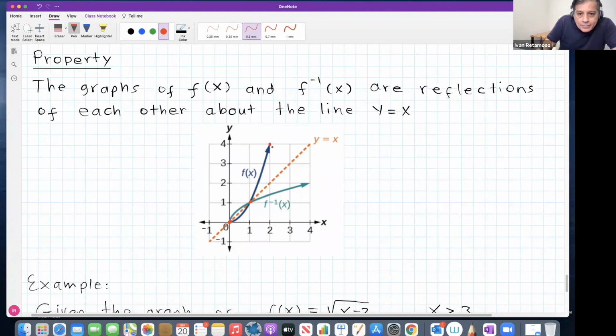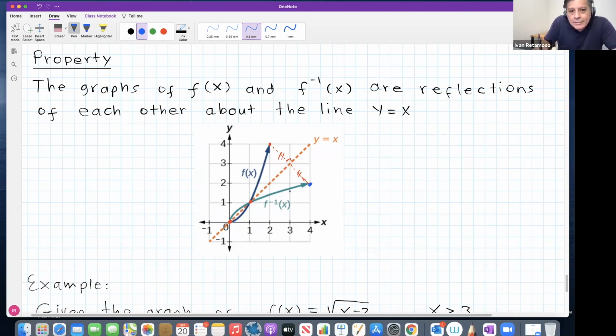Well, one way is to draw a perpendicular to the diagonal line like this, 90 degrees here, and then continue and go away from that line the same distance, equidistant. And this is where the other point should appear. So this red point should appear here. Yeah, that's one way, but it's geometrical.